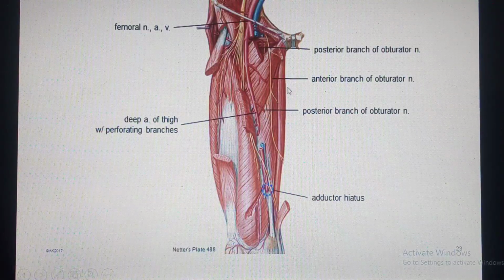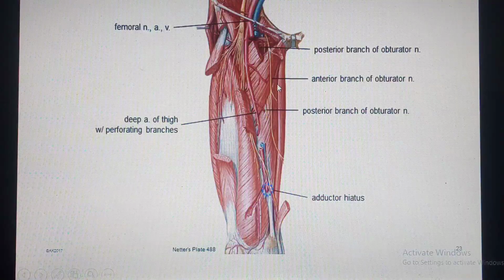So as I was saying, you can see this muscle, which originated from here, the cut section over here. This is actually the adductor longus muscle, and then deep to that you have the adductor brevis muscle, and then quite deeper to that, you have the adductor magnus muscle.